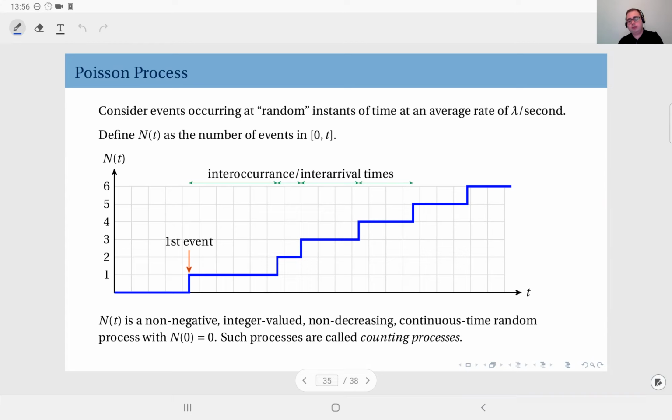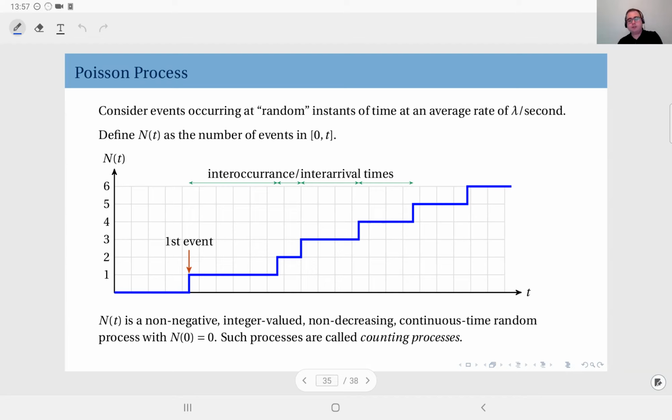Here we have, again, random events occurring at random instants, but now we know the average rate. That means the average number of events per time unit. I have specified it to be a second, but it doesn't really matter. You just have to have a rate lambda per time unit.